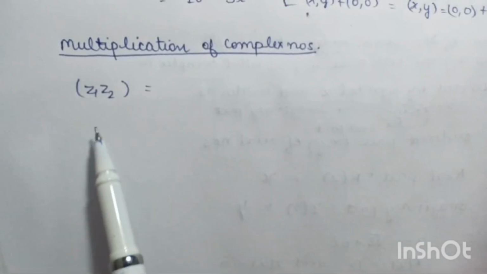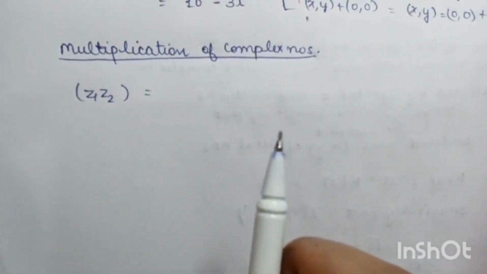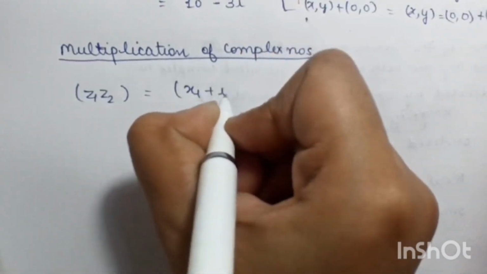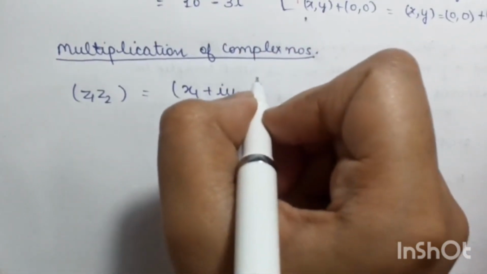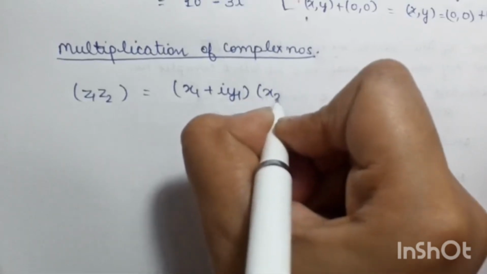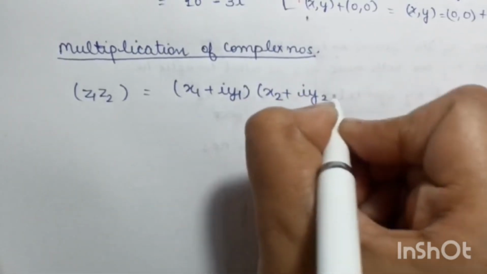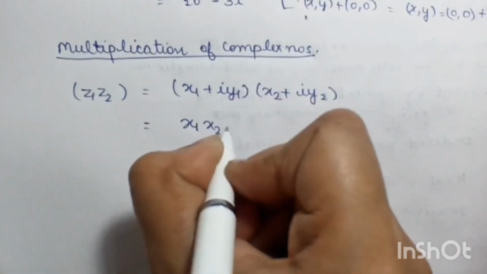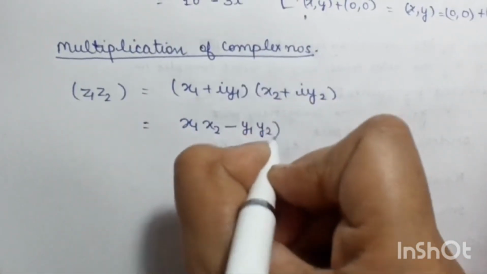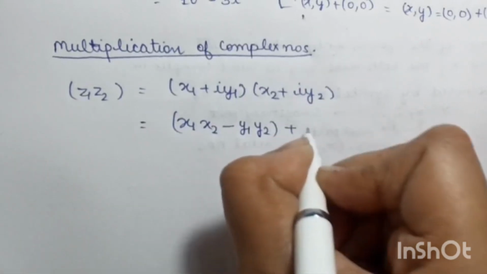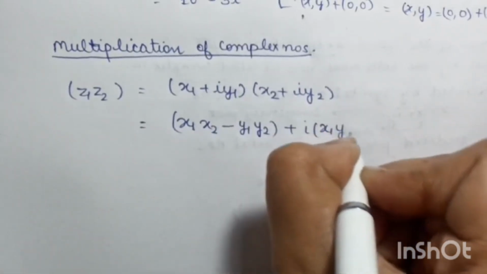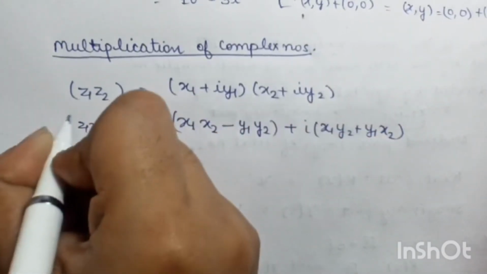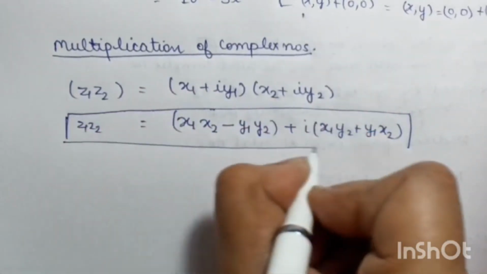It is written as z1 into z2, and the value is (x1 plus iota y1)(x2 plus iota y2), which is equals to x1 x2 minus y1 y2 plus iota (x1 y2 plus y1 x2). So if we do the product of two complex numbers, we will get this.